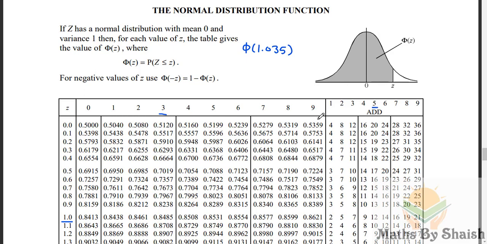Let's find the corresponding value for this. This is 0.8485, and the addition for 5 means 12, so we start from here, 1 and 2. It is always going to be multiplied by 0.0001, so this becomes 0.8497, and that's the answer.